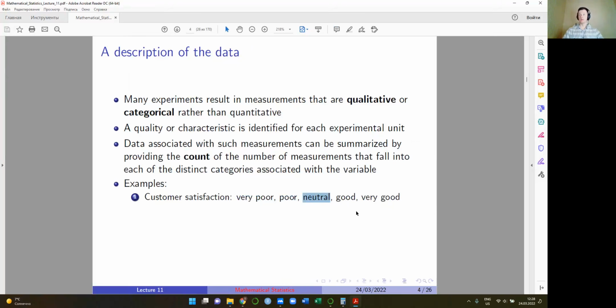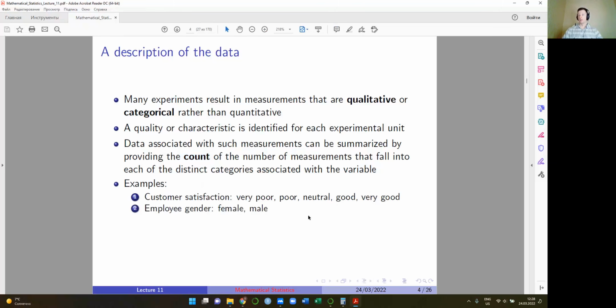So we're able to count how many people said every one of these words. And then the data will provide us the count of the number of measurements. So these are our measurements: very poor, poor, neutral, good, and very good. And then we count how many people responded in this way.